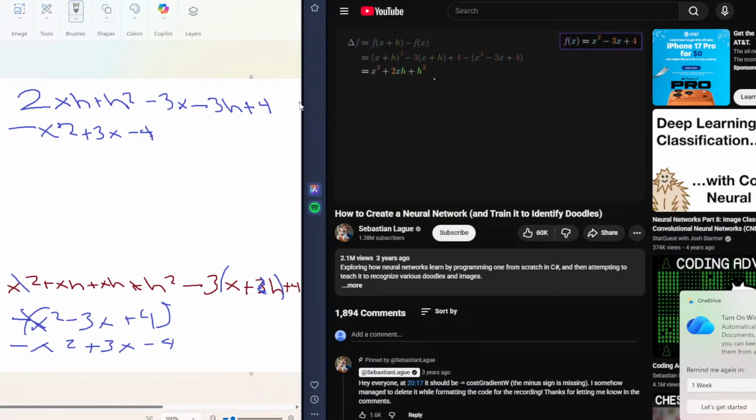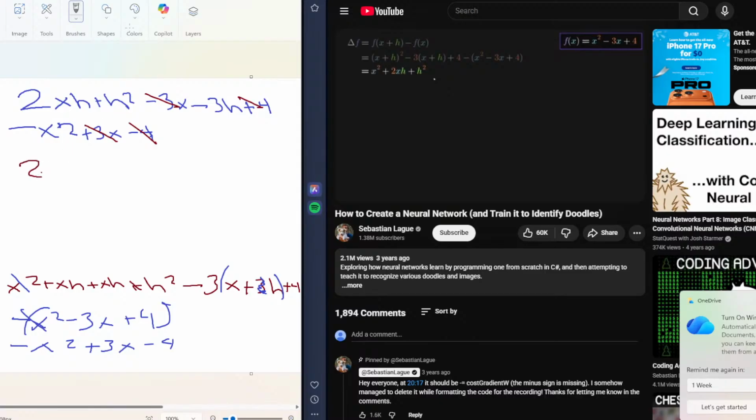So here, it actually changes up a bit because now we can cross out positive 4 and negative 4. We can cross out negative 3x, positive 3x. That's about it, right? x squared.